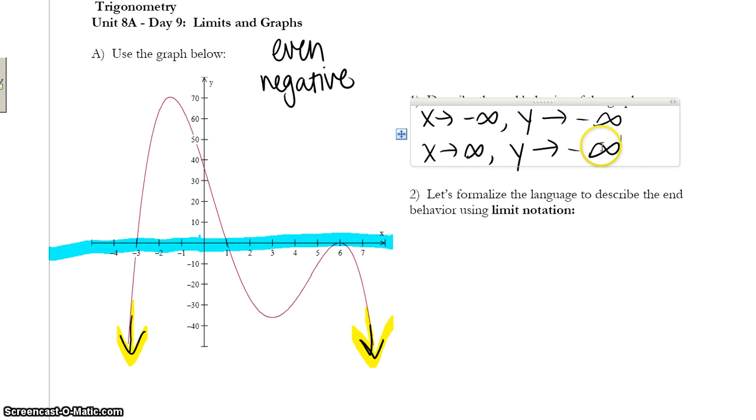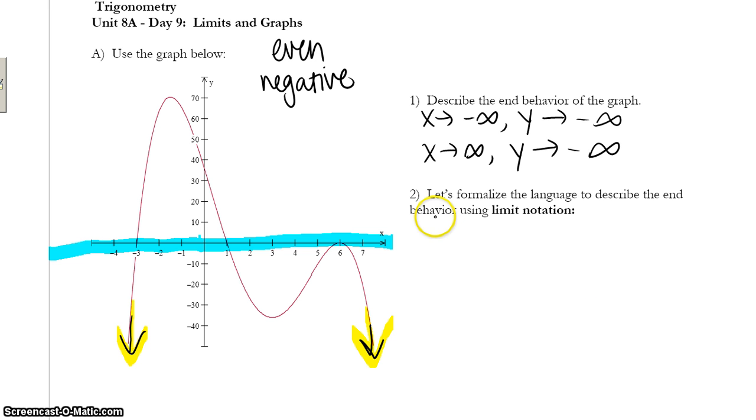So the next question asks us, let's formalize the language to describe the end behavior using limit notation. Now, limit notation is something that we have not seen before. However, finding the limit of a graph is exactly end behavior.